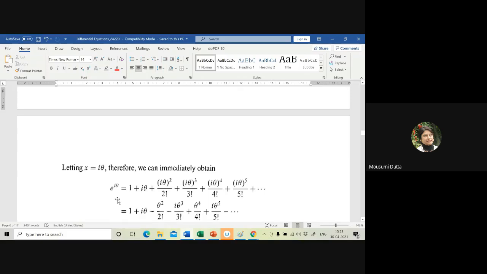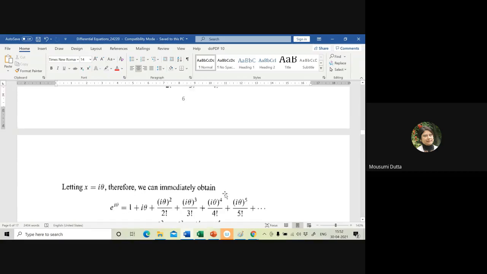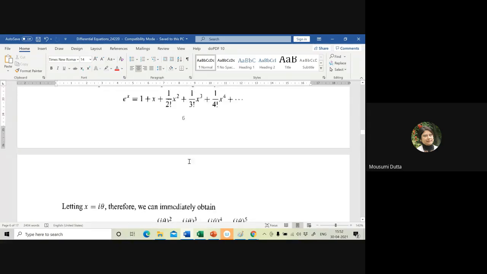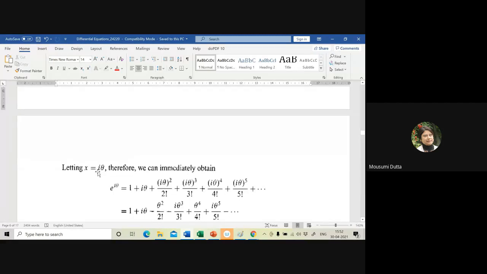So first, tell me whether this line is understandable. Simply, I have extended this for the imaginary number i theta. So the first line is understandable? Yes, ma'am.